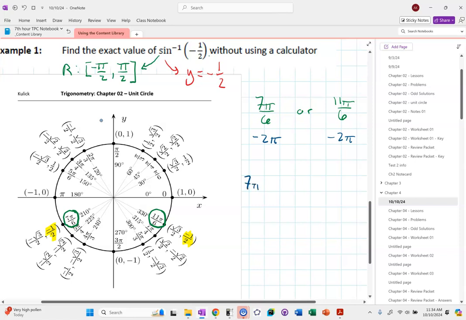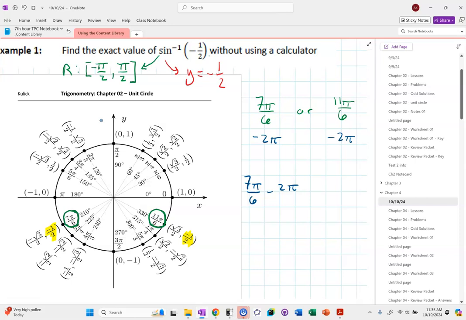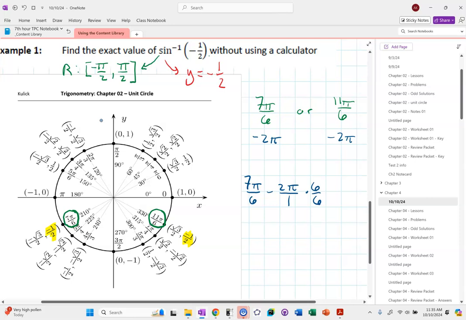So to subtract 2 pi from 7 pi over 6, what do I need to have in order to do this subtraction? I have to have a common denominator, I think is what Max is saying. So I think about 2 pi as 2 pi over 1. What would the common denominator be between 7 pi over 6 and 2 pi over 1? 6. So I'll multiply the top and bottom by 6.